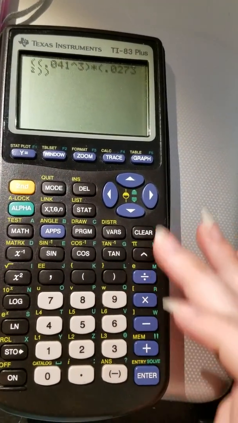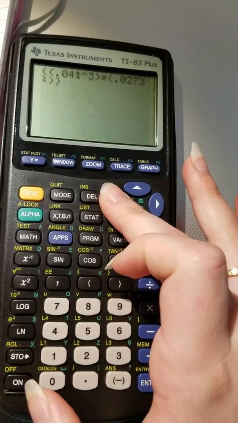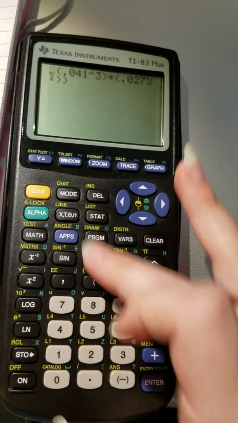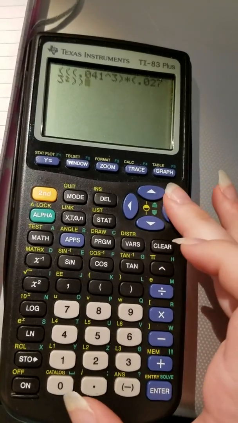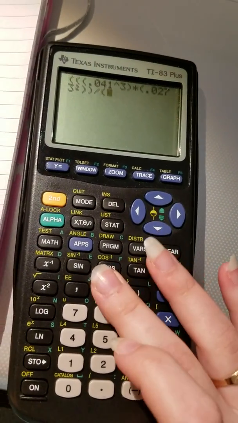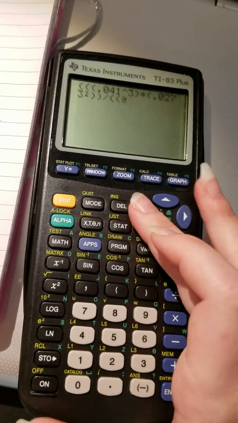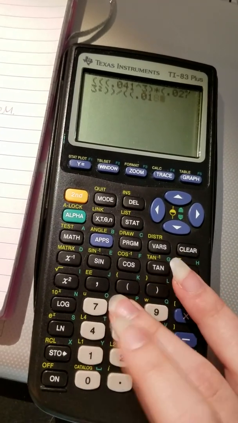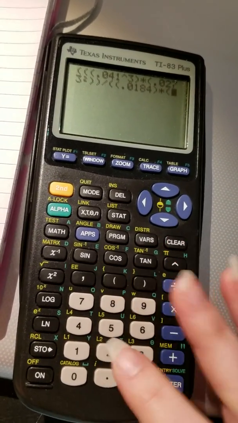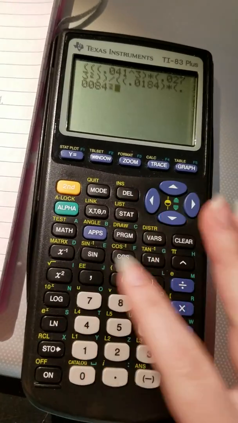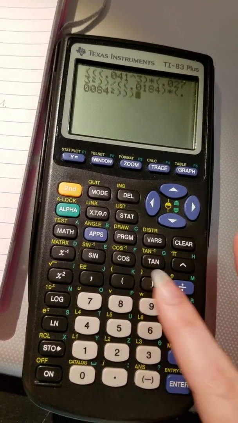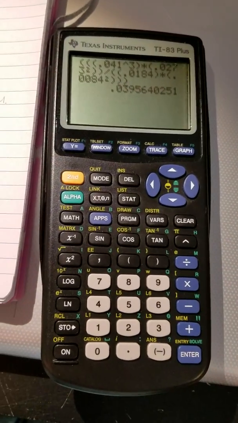So this whole thing, oh, sorry, I forgot some parentheses at the top. There can never be enough parentheses. Divided by 0.0184 times 0.0084 squared. Don't forget to close all of your parentheses, and then you get your answer.